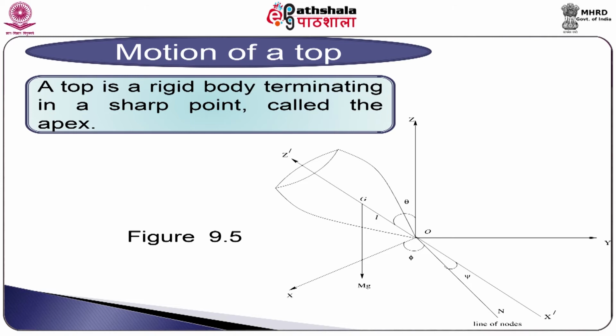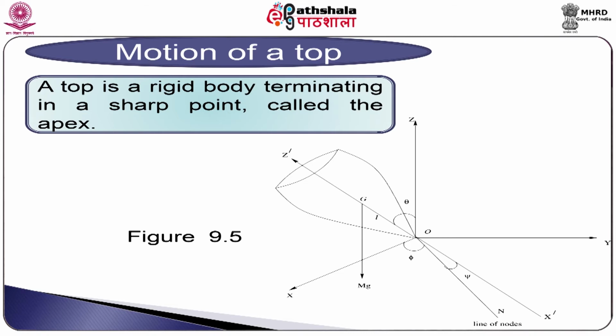A top is a rigid body terminating in a sharp point called the apex. It is a rotating rigid body with one point fixed in space, which is its apex. A symmetric top has an axis of symmetry of the mass distribution.